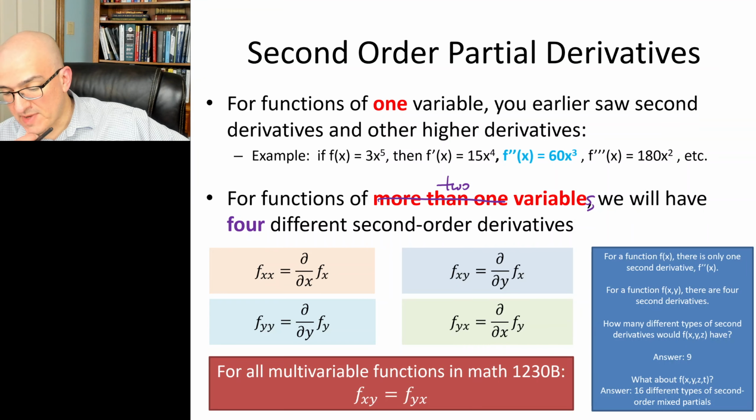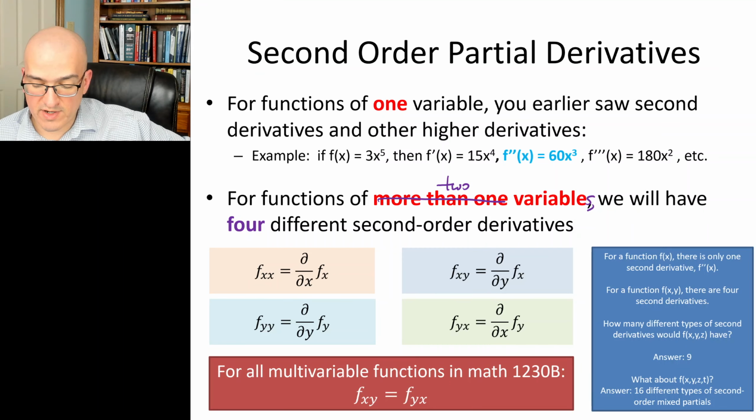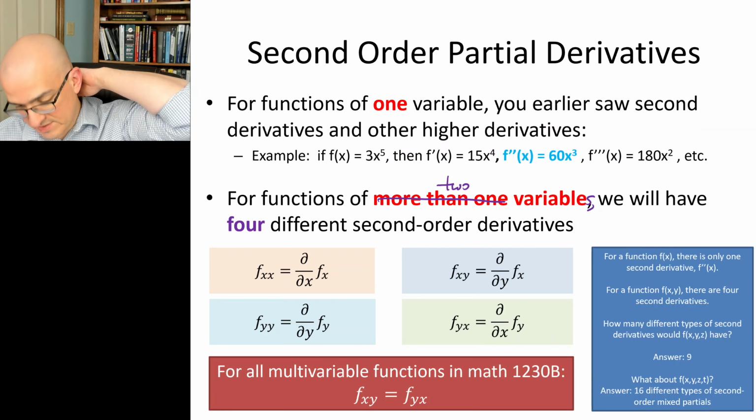The ones that you may not have expected to see are the mixed partial derivatives. You start by taking an x derivative, giving you f sub x, and then you take the y derivative of that. That would be this first one, f sub xy. And then the other mixed partial derivative is you start by taking the y derivative to get f sub y, and then take the x derivative of that to get f sub yx.